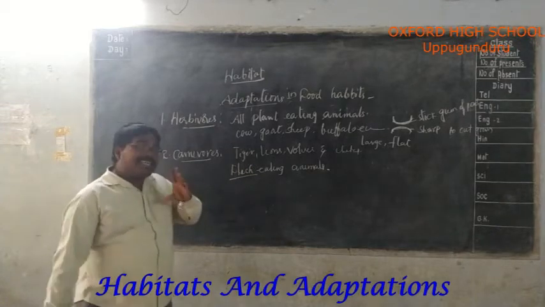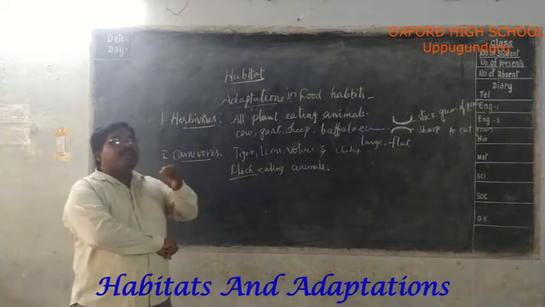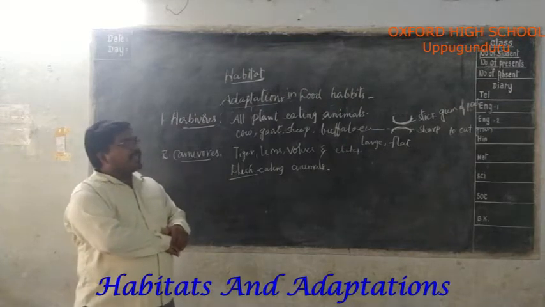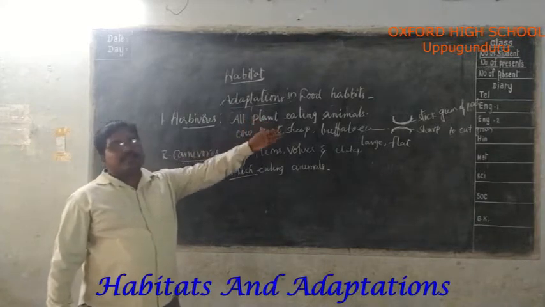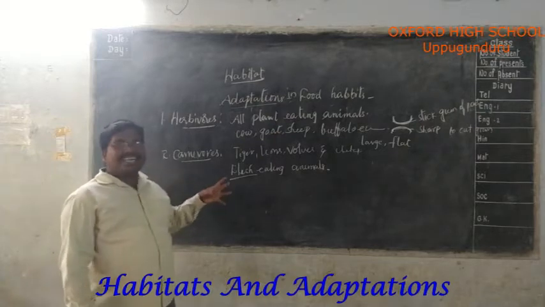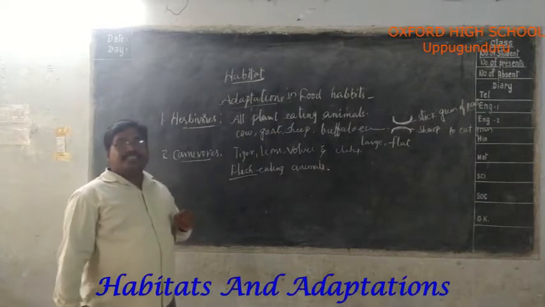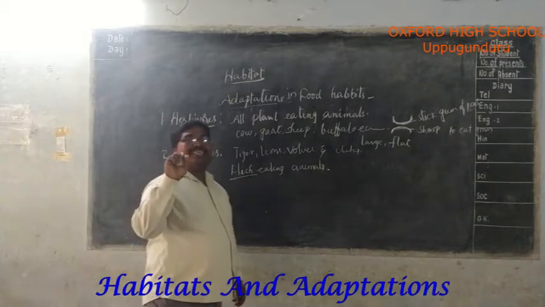What type of adaptations are present in these animals for their food habits? We saw a type of arrangement of teeth in the herbivores. If you observe tigers and lions, the flesh-eating carnivores, they have sharp pointed teeth.